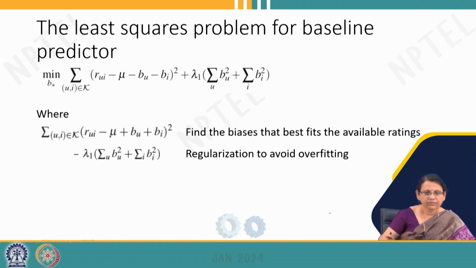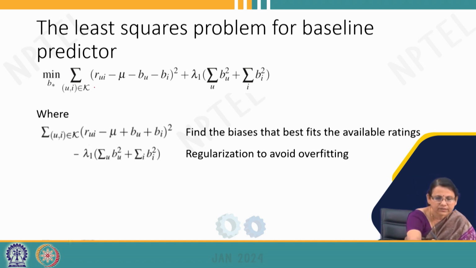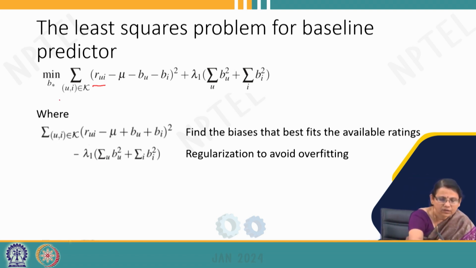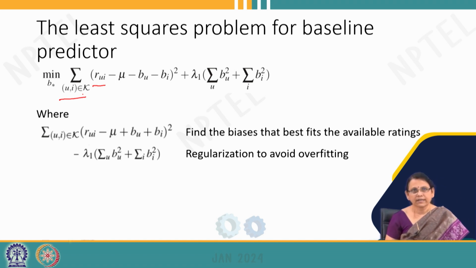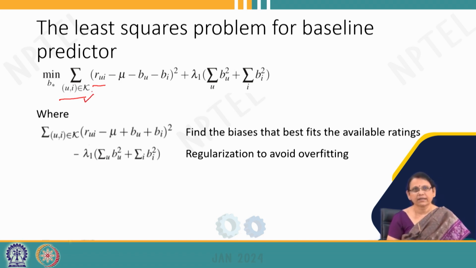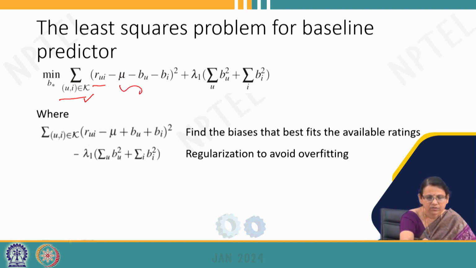If our observed rating is Rui, where u is the user and i is the item, and we consider all the ratings which are visible to us, which means all the pairs (u, i) for which a rating is available, let them belong to set K. So, set K contains all the valid user item pairs for which the rating value is available. As per our model, this was Bui.